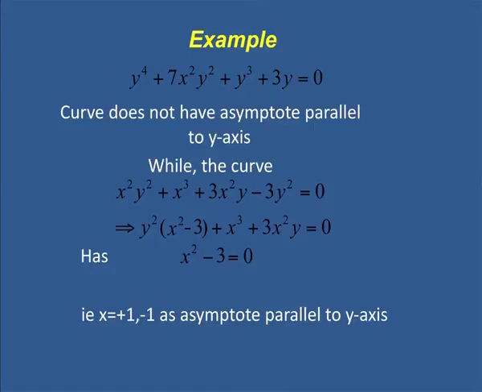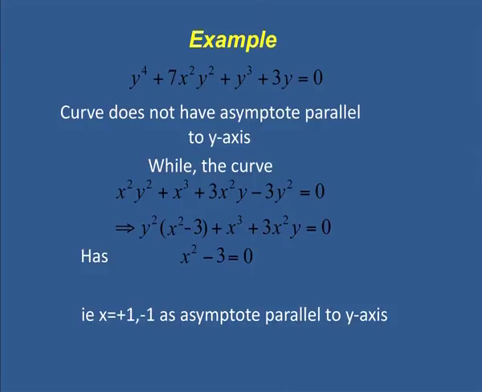Therefore, this curve has no asymptote parallel to the y axis, while the curve x square y square plus x cube plus 3x square y minus 3y square is equal to 0 is represented as y square (x square minus 3) plus x cube plus 3x square y is equal to 0.